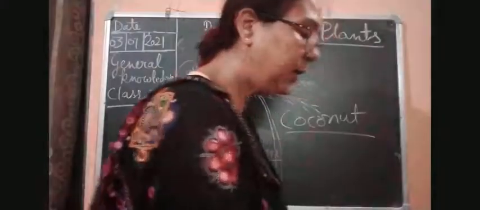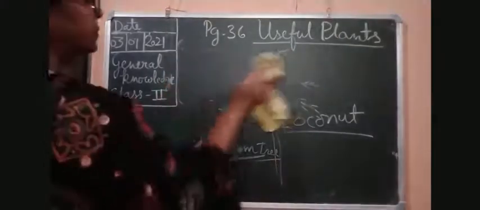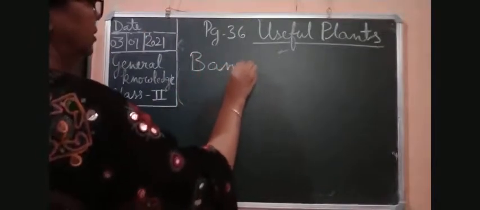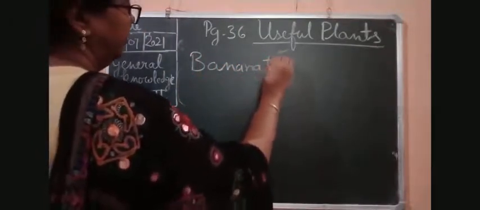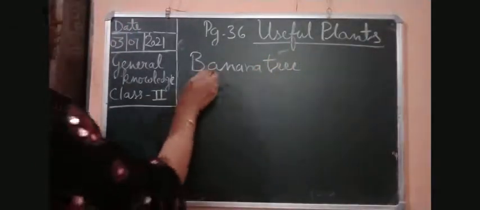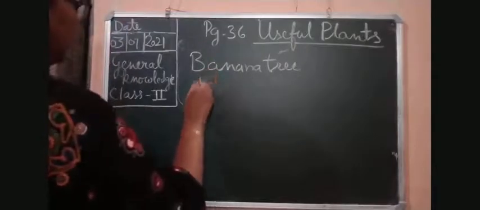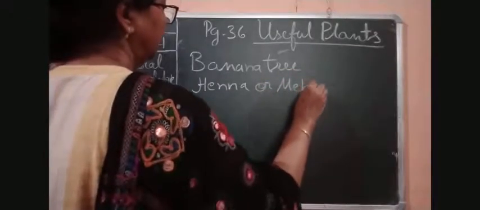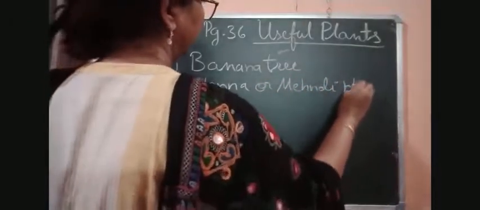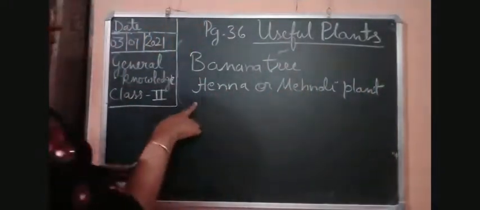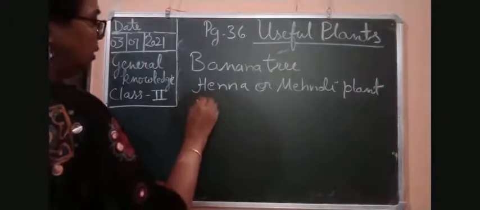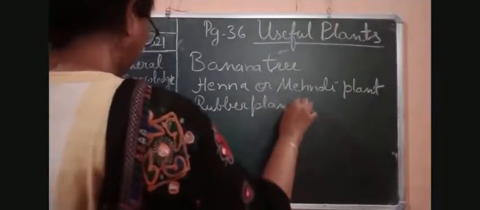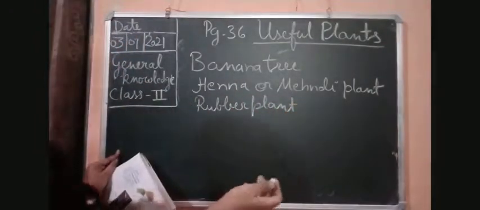So our topics today are the banana tree, and the next one is henna, or you can say the mehendi plant, and the next one is the rubber plant, or rubber tree, you can say.